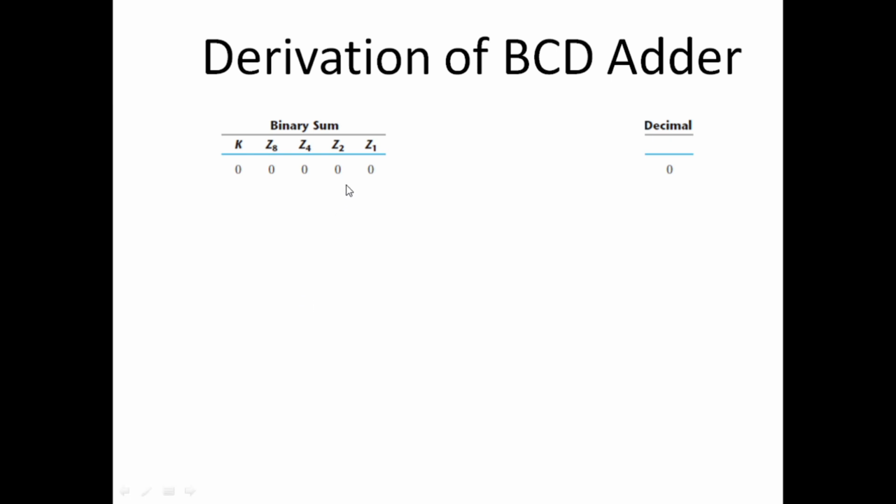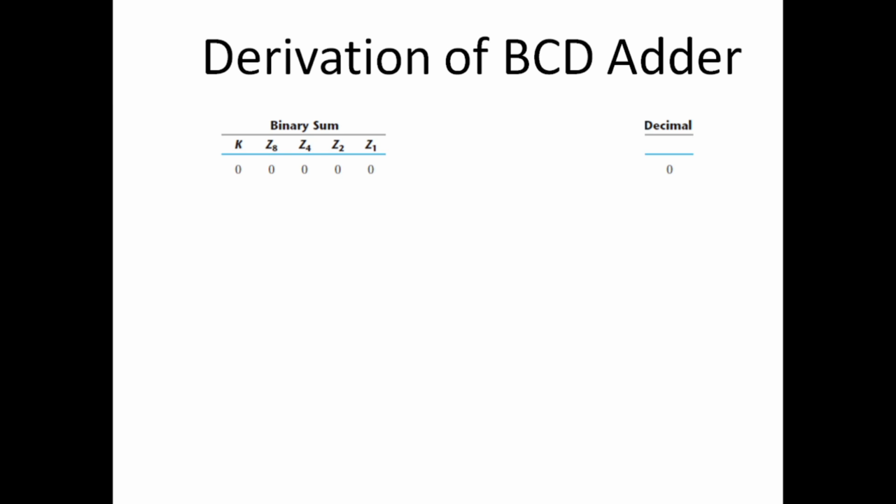0, 0, 0, 0, and the output carry would be 0. We are using Z1, Z2, Z4 and Z8 for the binary sum bits, and for the output carry we are using K. The subscripts with the Z just represent the weights of the bits, or the position of the bit.